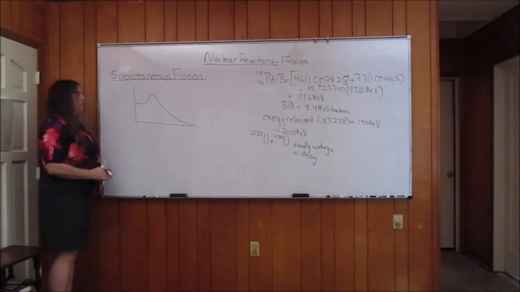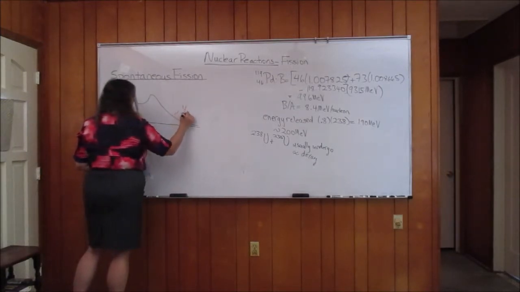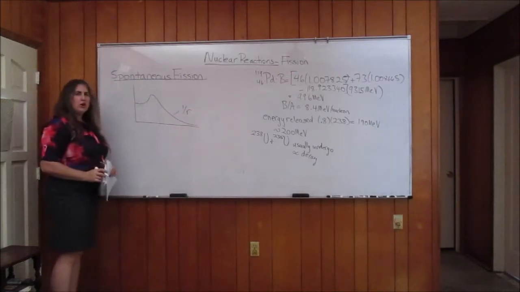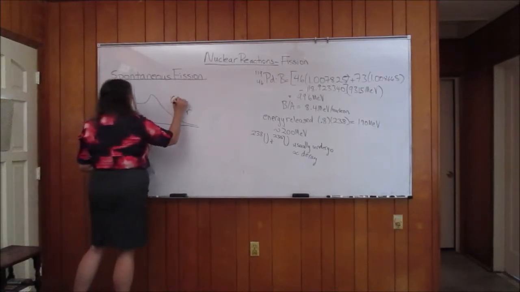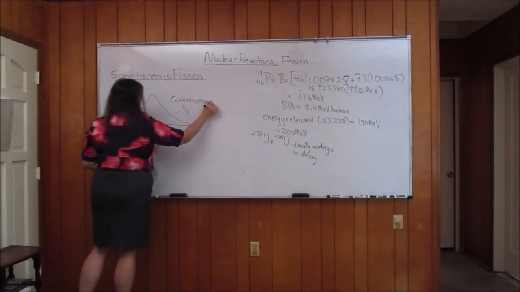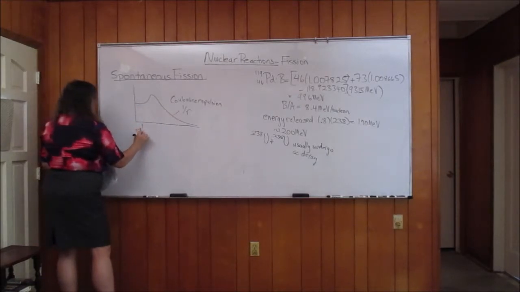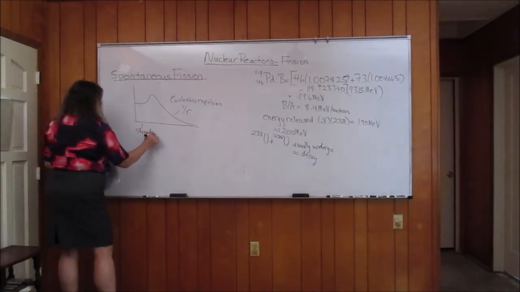So, potential energy looks something like this. Outside, it goes as 1 over r, and that's because here, Coulombic repulsion dominates. Inside, the strong force dominates.